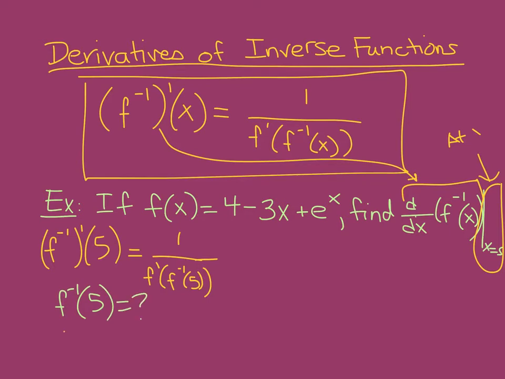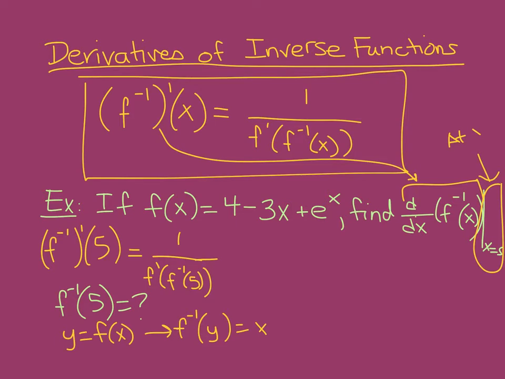So I want you to recall that usually we have that y is equal to f of x. Now, if you take the inverse of both sides, an equivalent way to write this would be f inverse of y is equal to x.